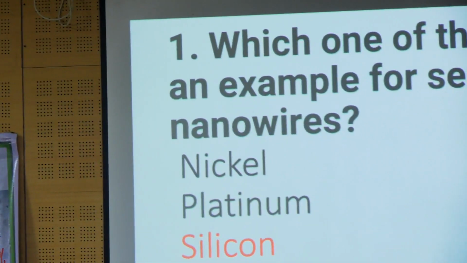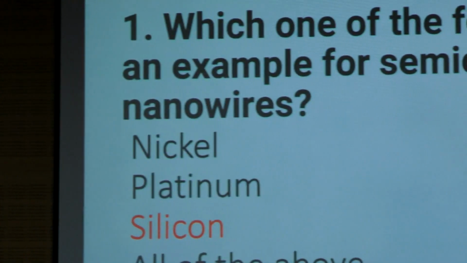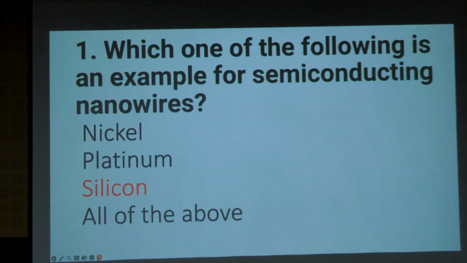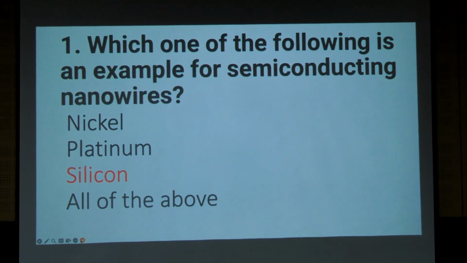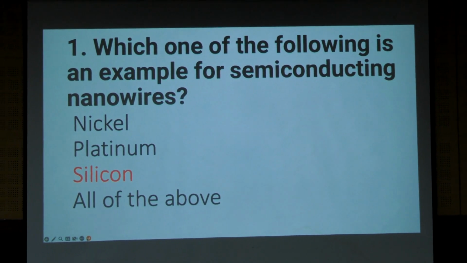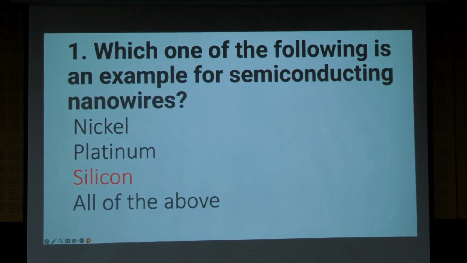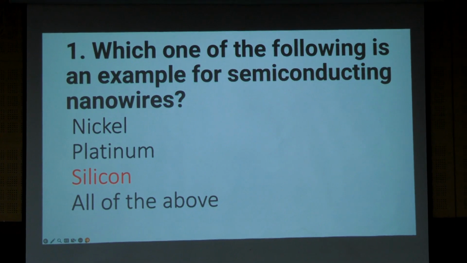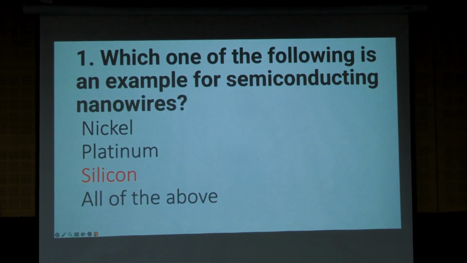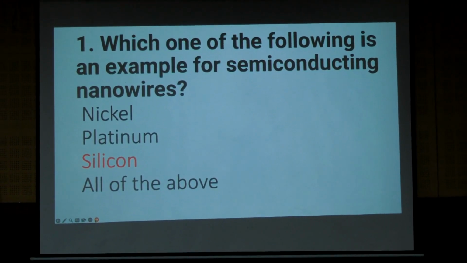The first question: which one of the following is an example for semiconducting nanowires? Silicon. Silicon is considered a semiconductor material. If you see nickel and platinum, these are pure metals, so they are not semiconductors. So here the answer is silicon.